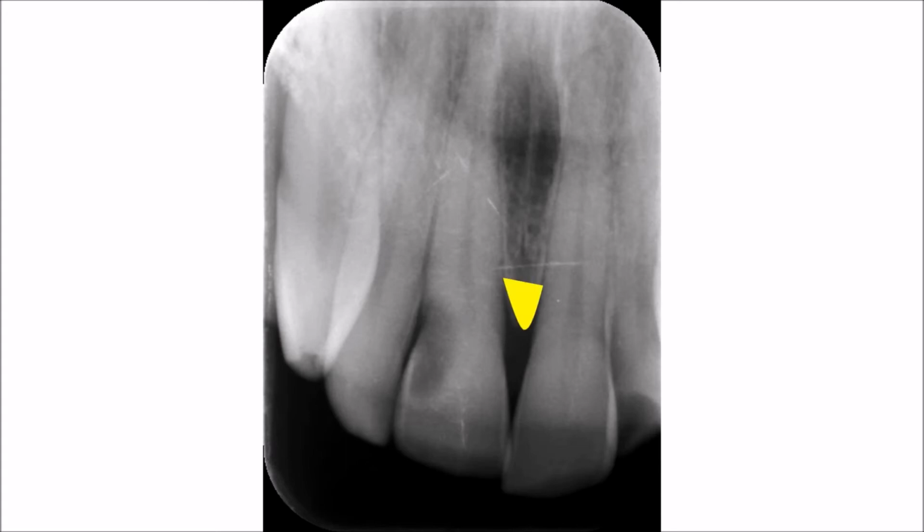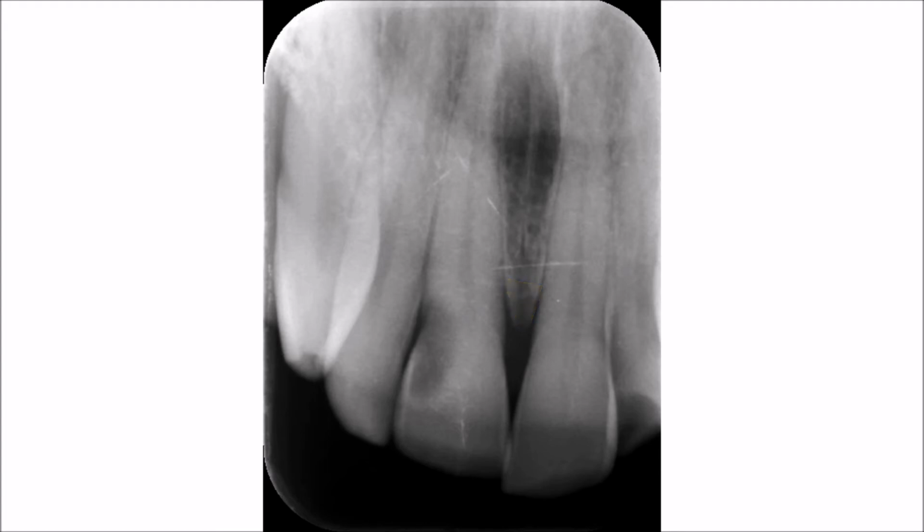Sometimes it's described as a knife edge appearance, pointed appearance of normal homogeneity. There is no pitting, no irregularity, no loss of continuity. This is what we expect in the normal appearance of the alveolar bone crest in the upper and lower anterior teeth. They share the same radiographic appearance.